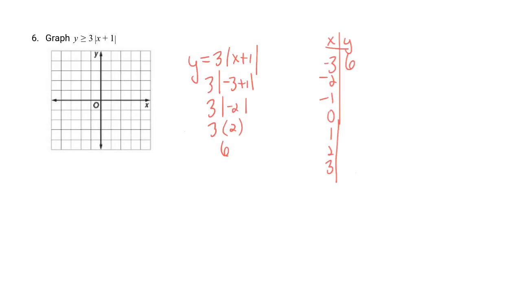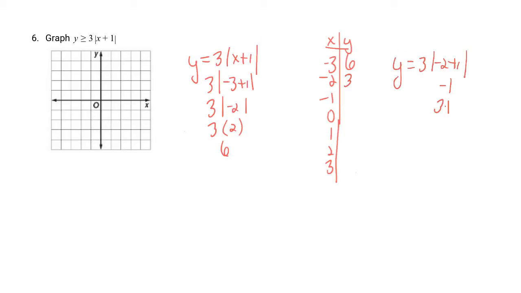Let's try -2. I have y equals 3 times the absolute value of -2 plus 1. -2 plus 1 is -1, and the absolute value of -1 is +1. 3 times 1 is 3.